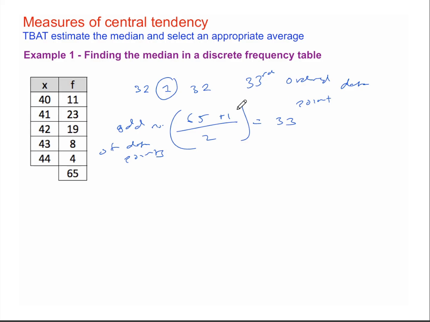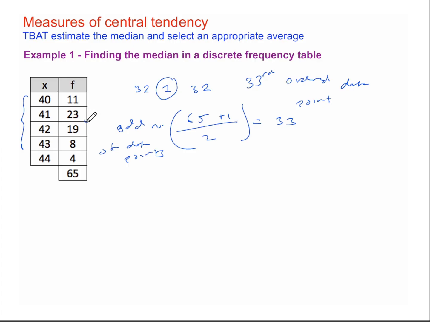Now, where does our 33rd ordered data point fall in the table? The first 11 data points are 40. Remember, this is already ordered. The next 23 points are 41.